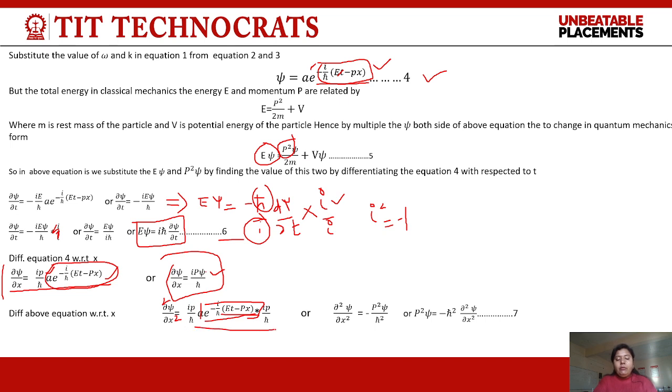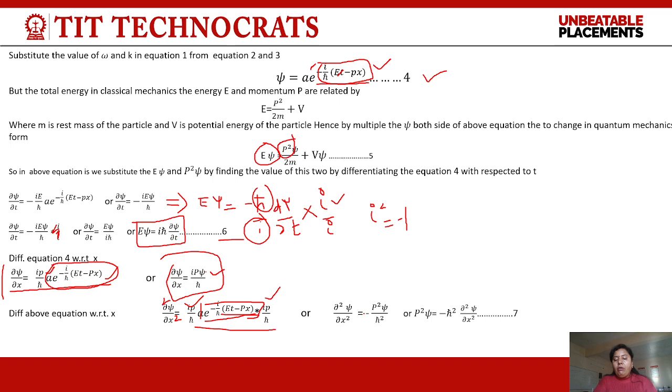So in this way, when I am differentiating psi twice with respect to x, I am getting del square psi by del x square. This becomes again a psi. When we multiply p by p, we will get p square, and h cut by h cut gives h cut square. And when iota is multiplied with iota, I am getting minus.